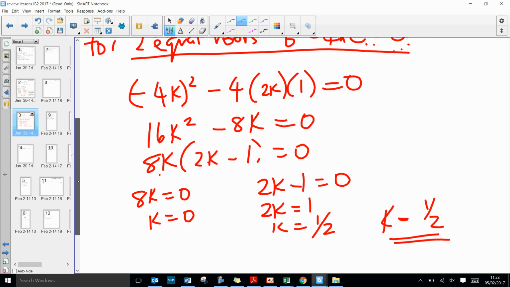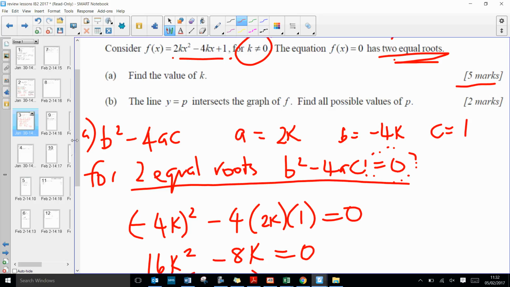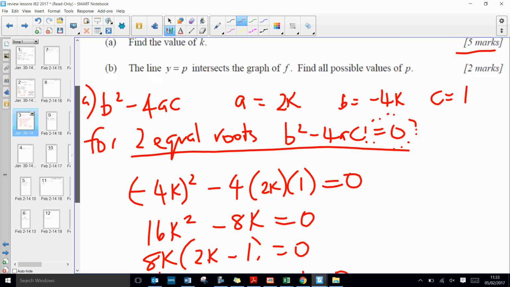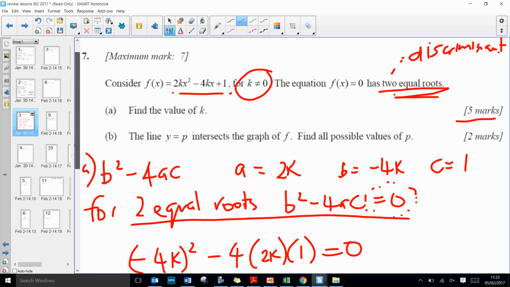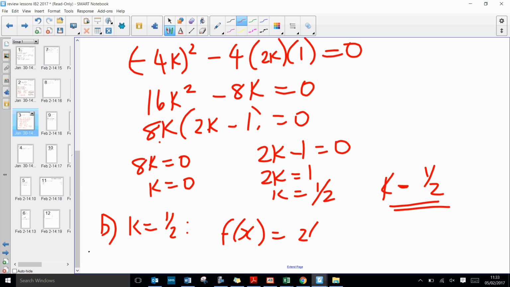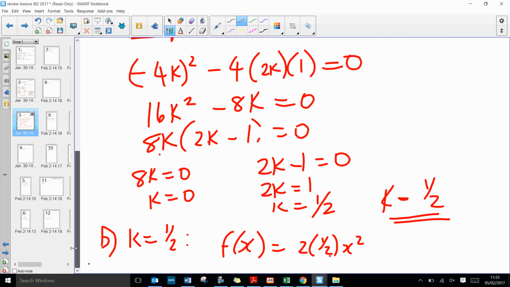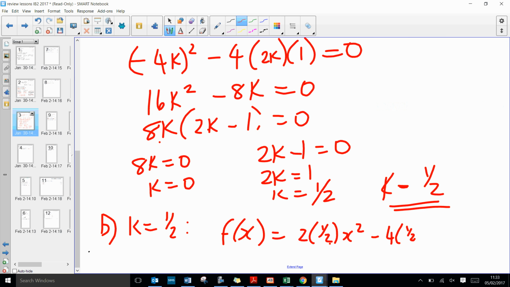The line y intersects the graph of f, find all possible values of p. Okay, so we're now looking at the kind of graph it is. We know it's a parabola, and we also know the value of k, so we're going to stick that in. So we've got k equals 1/2, so f of x equals 2k x squared minus 4kx plus 1.